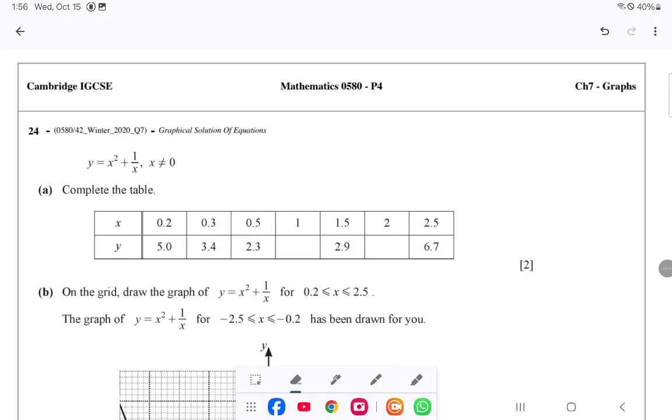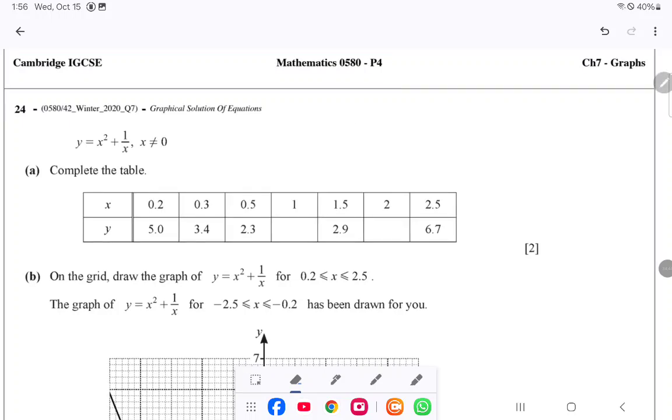So on the given condition, x square plus 1 over x, if we put x is equals to 1, square plus 1 over 1, it will give you again 1 plus 1, and the answer becomes 2 for the y.